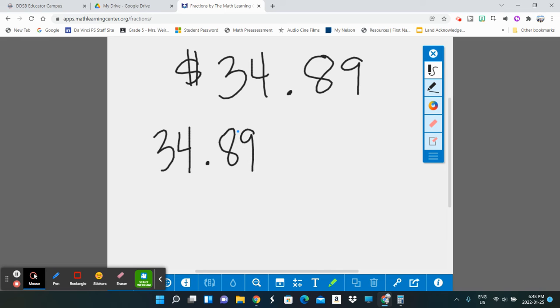So we can do $34.89 times, on our calculator, 0 and 13 hundredths. That's how we write a percentage in decimal form.